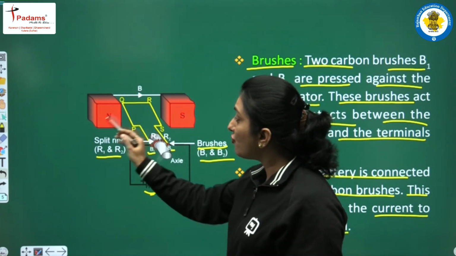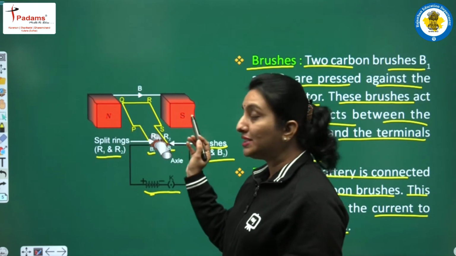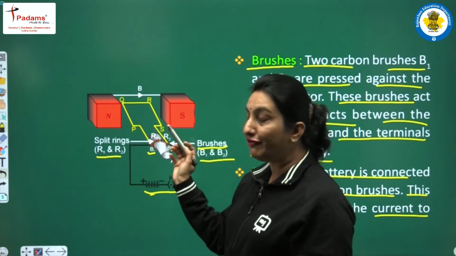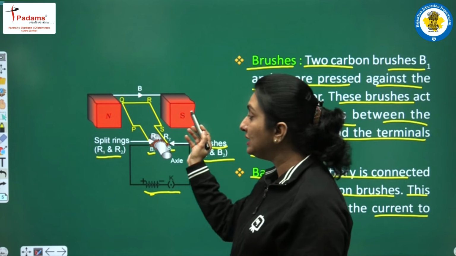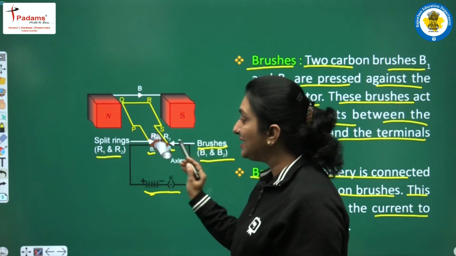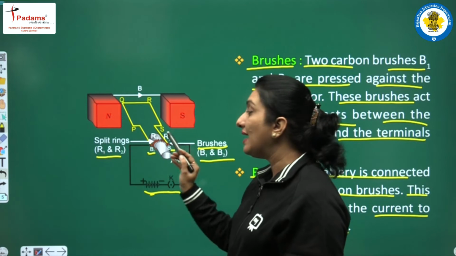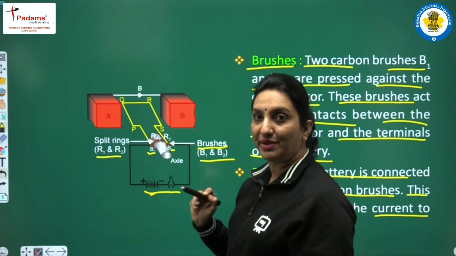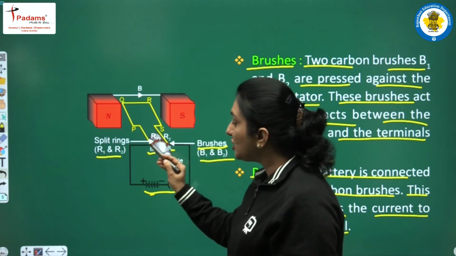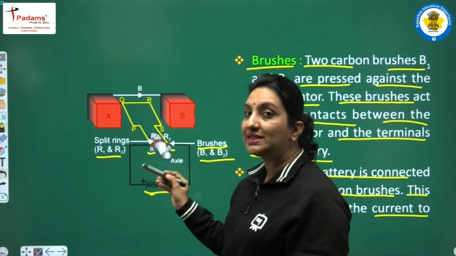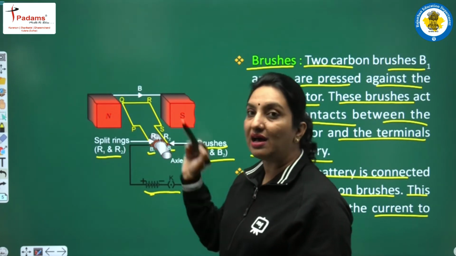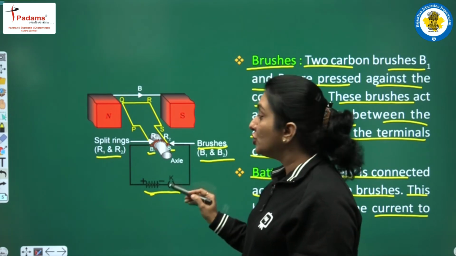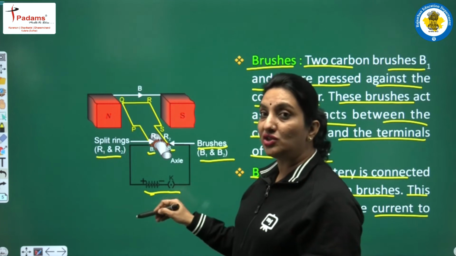Then we have a strong magnetic field, whose north pole and south pole are shown in the figure; these two magnets produce the field, and its direction is from the north pole to the south pole. Then we have split rings, shown by R1 and R2, which act as a commutator, reversing the direction of current in the armature coil. Then we have brushes attached to the battery, providing contact between the battery and the armature coil. Then we have a battery and a key.